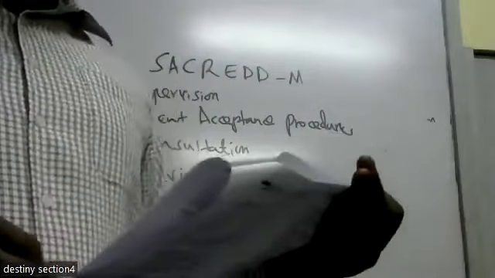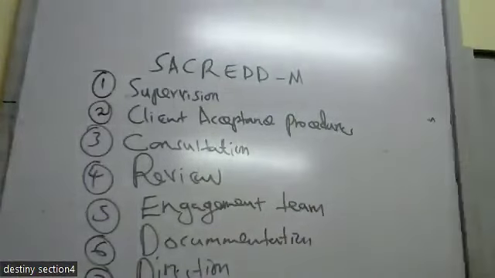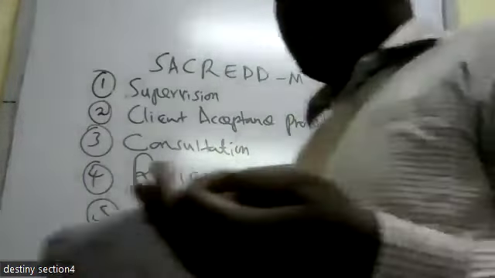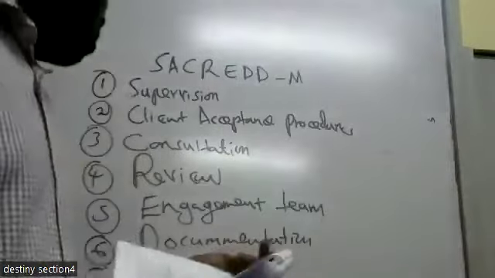A, the responsibilities, including the need to comply with the ethical requirements. Then B, the objectives of the audit of financial statements. Then C, the objectives of the audit work to be performed. Then D, risk-related issues. Then E, the general audit methodology to be used. Then the last one, how to deal with the problems that may arise during the audit.